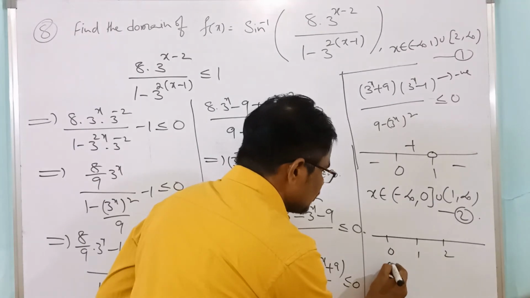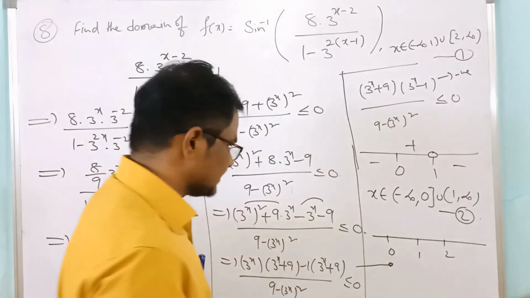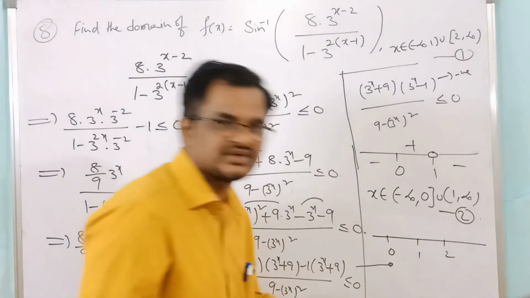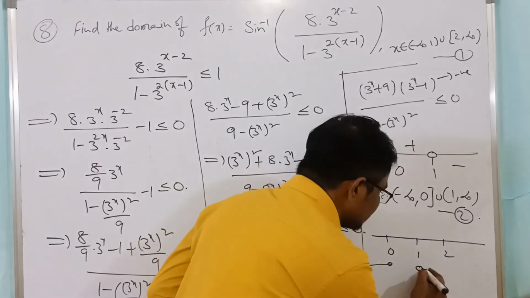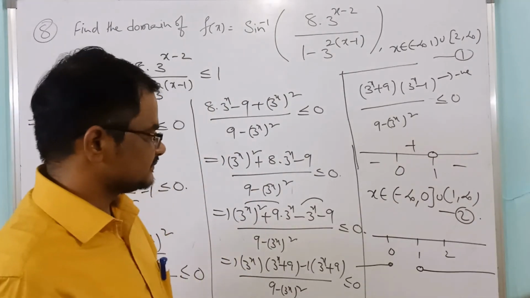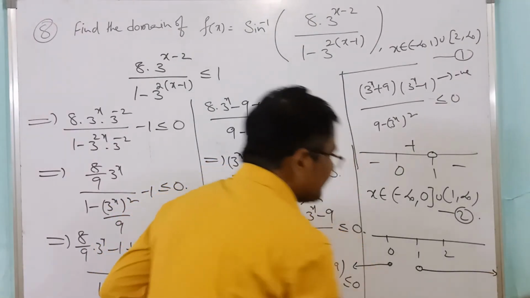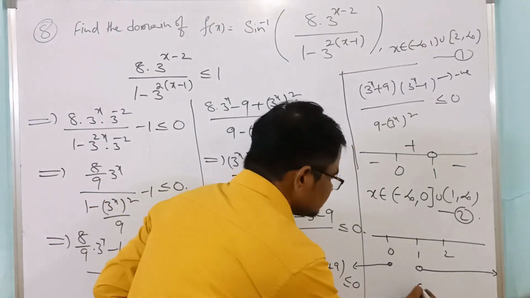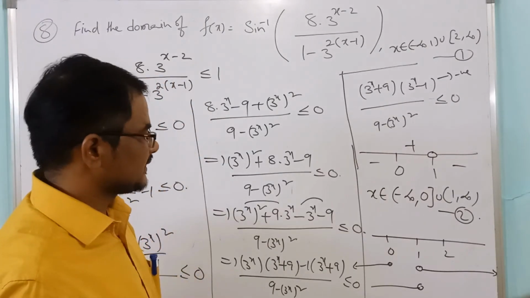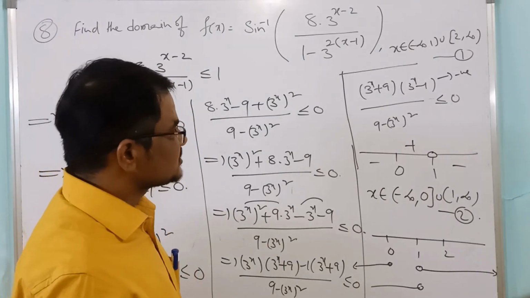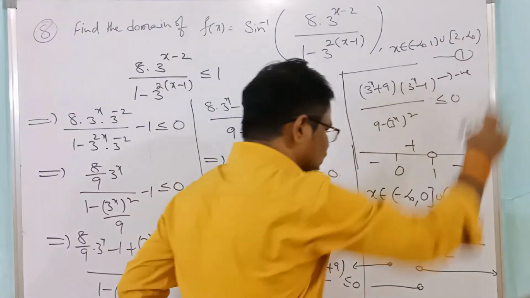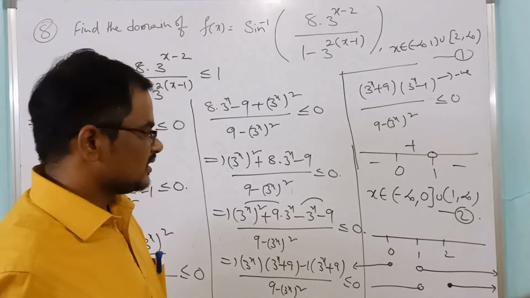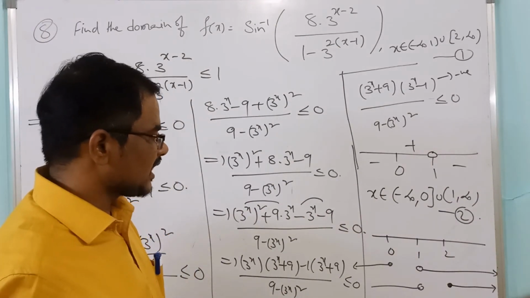So this is minus infinity to closed interval 0, and open interval 1 to infinity, right? Next, this one is less than 1, like this, right? Next, this one closed interval 2 to infinity. Now what is the common area?